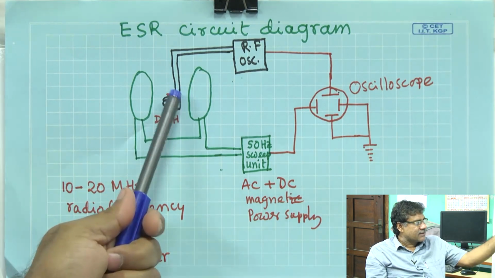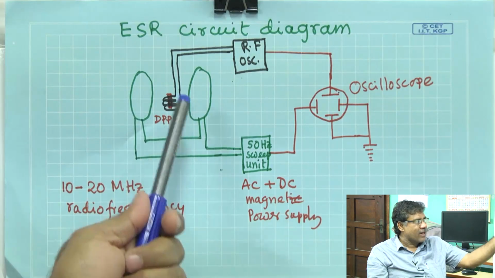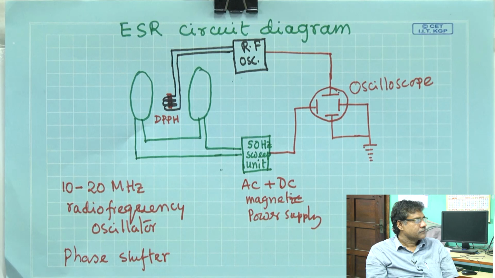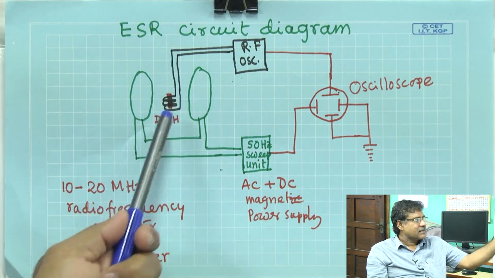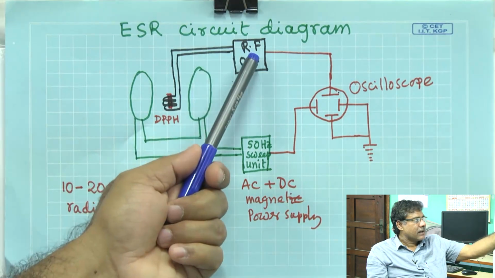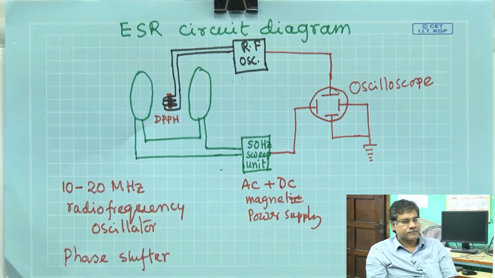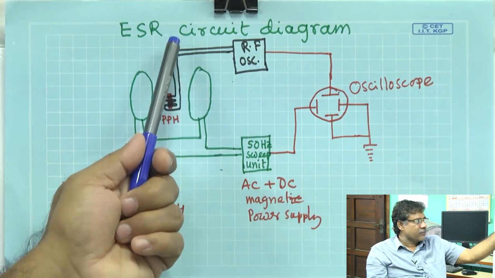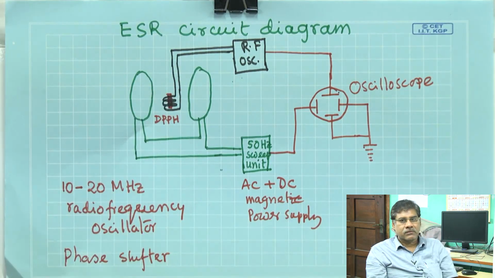Now here you can see there is an induction coil around the sample, and this is the RF oscillator. From this RF oscillator we will excite the sample with RF radiation.